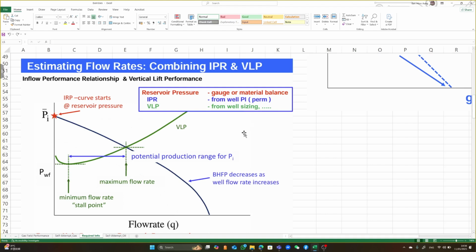However, this is important where we talk about the concept of how we predict the maximum and the minimum flow rate.